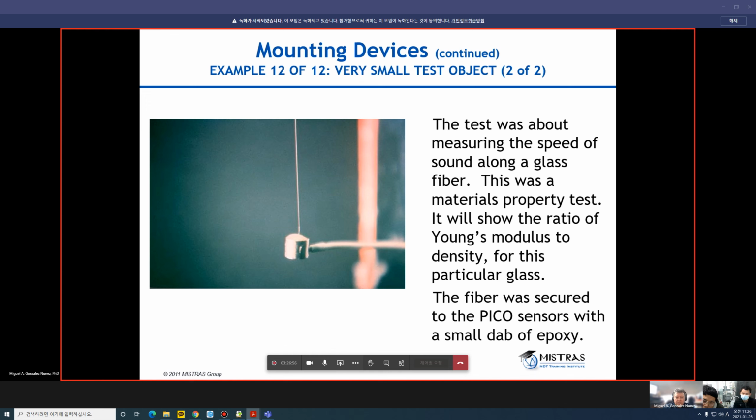In this particular case, they were testing a fiber optic material. This is the sensor. This is just a bit of epoxy to add the fiber optic material line, this line here.